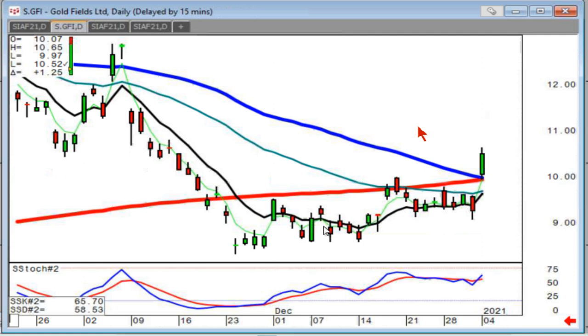If that sector is acting well and everybody is buying the stocks, we've got the capabilities of seeing which ones are probably the best ones. So GFI, that to me looks like a kicker signal, gap up through the moving averages. There's a gap up in this area that it could be heading for.